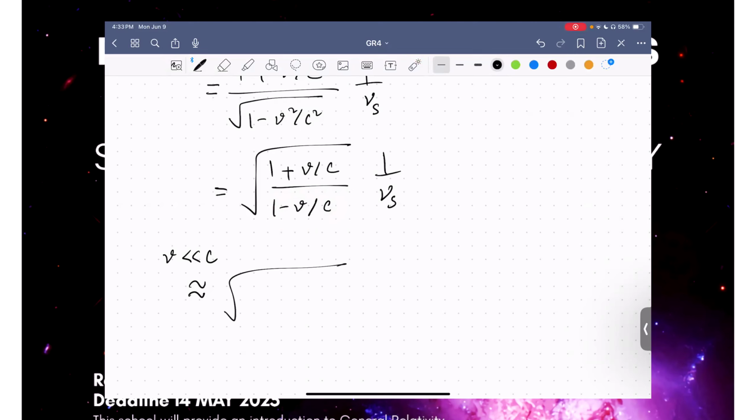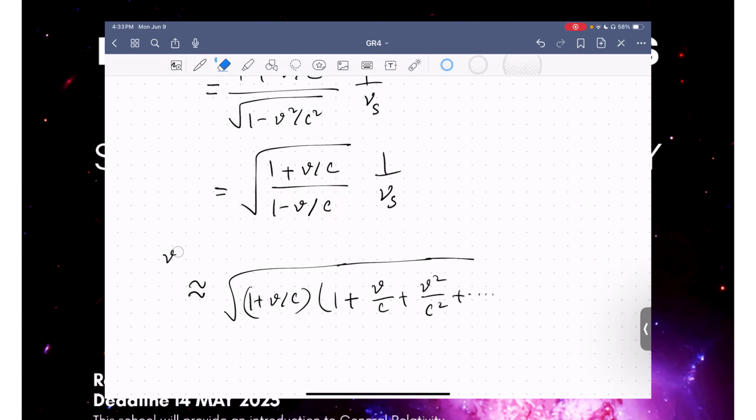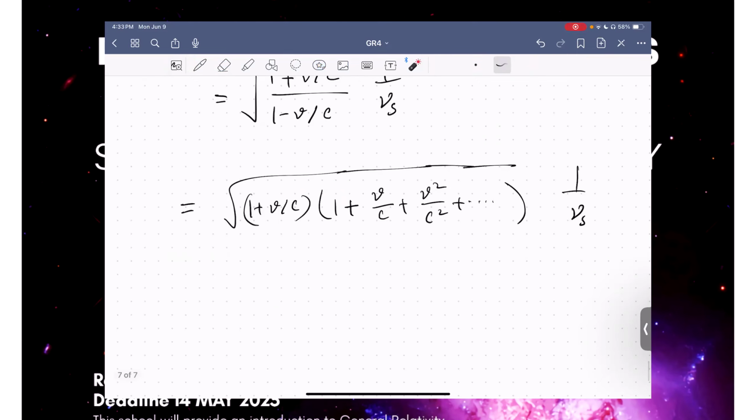So what you find is the numerator, and then you expand the denominator as a power series. So it will look like v over c plus v squared over c squared plus dot dot dot. Well, actually, this is not an approximation. This is exactly equal if I keep the full power series. But if I assume that v is much smaller than c, then I can ignore all of these higher order terms because they're very, very small.